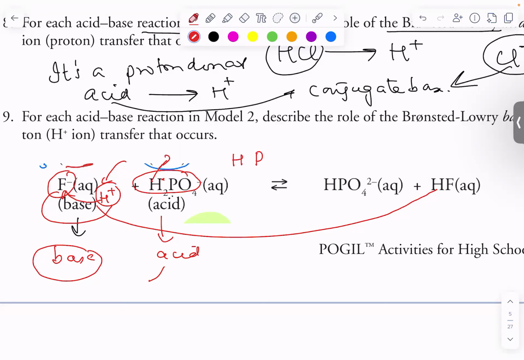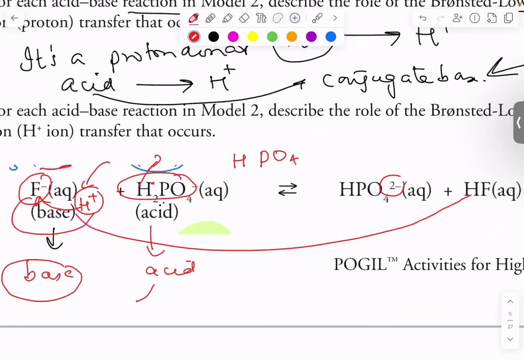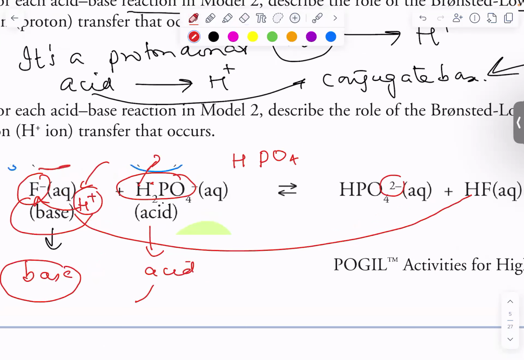HPO4. Now, don't memorize these charges. Try the proper way. You know that initially the phosphate ion is -3. You did it in the chemical bonding chapter that PO4 has an oxidation number of -3. Do you remember that? So you have already learned it.